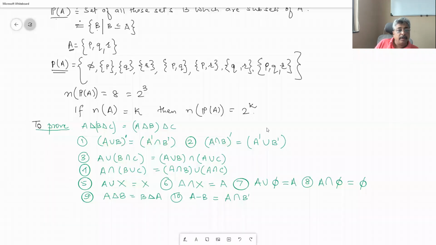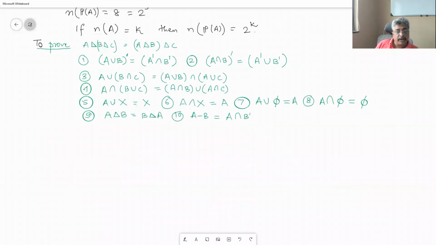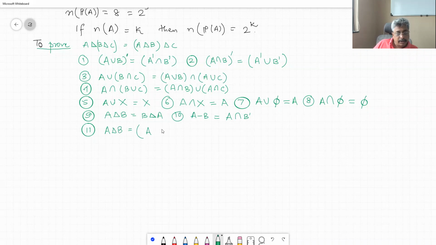Okay. 11th thing that you will require is A delta B is equal to A intersection B dash union A dash intersection B. And last thing, 12th thing that you will require is complement of A complement is A. Okay, so these are the tools.